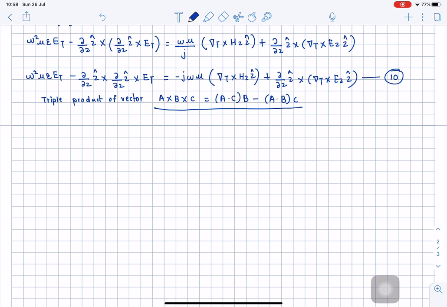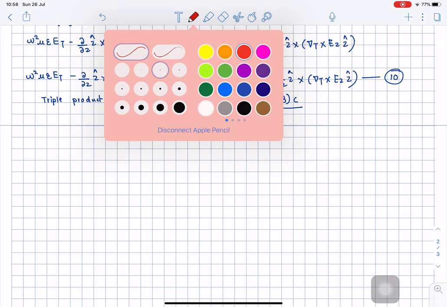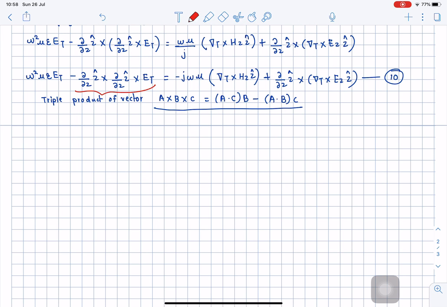So on the left hand side of equation number 10, there are three vectors: dabba by dabba z z cap, dabba by dabba z z cap, and e of t. Let us make use of this vector identity here. Dabba by dabba z of z cap cross, this is the first vector, the second vector is again the same, dabba by dabba z of z cap, cross e of t.